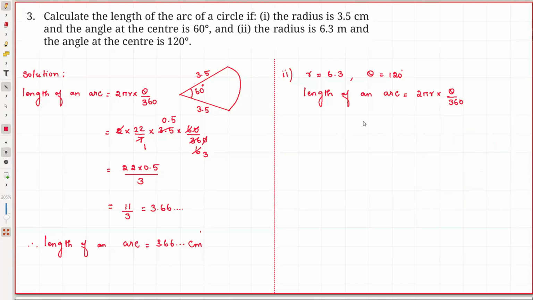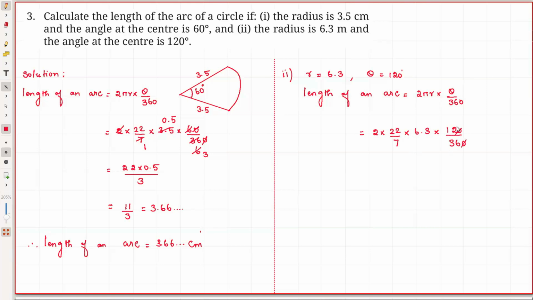So we write 2 into pi value 22 by 7 into radius 6.3 into theta value 120 by 360. We can cancel, 0, 0 get cancelled.